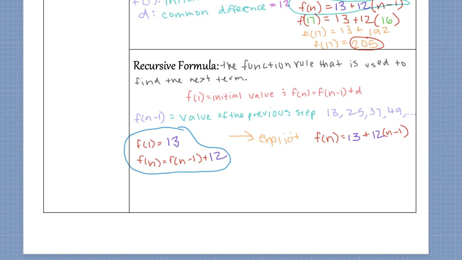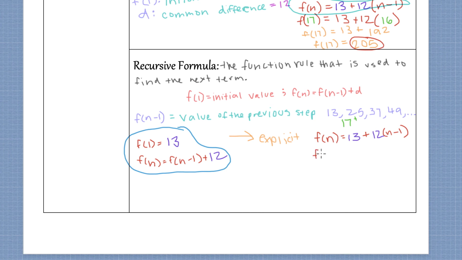And let's see, last time we solved for the 17th term, and so let's solve for the 17th term again, just to make sure that we're doing this right. So if we have the recursive formula and we convert it to an explicit formula, if we have the same arithmetic sequence and the same step number, we should get the same answer. And so let's solve for the 17th step.